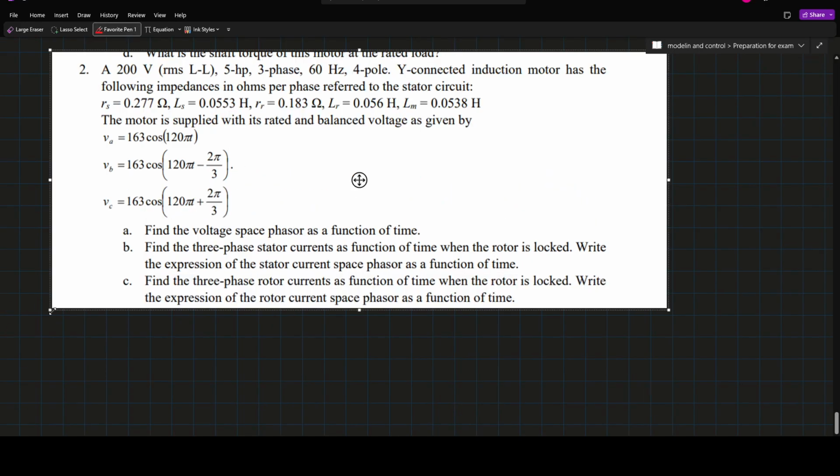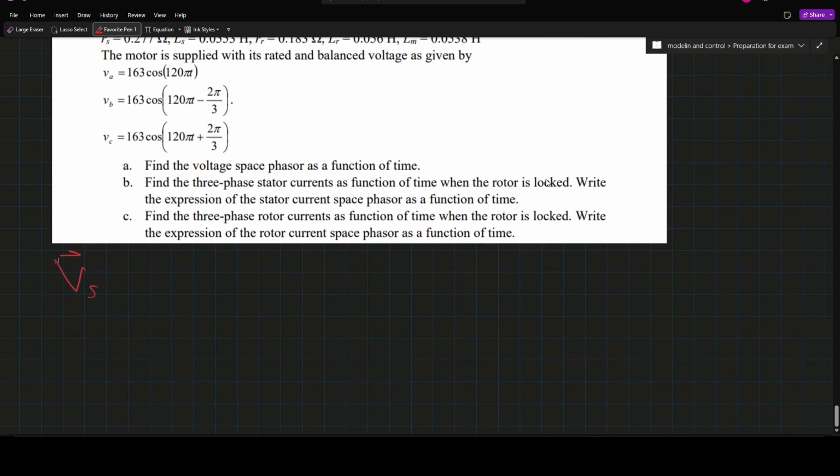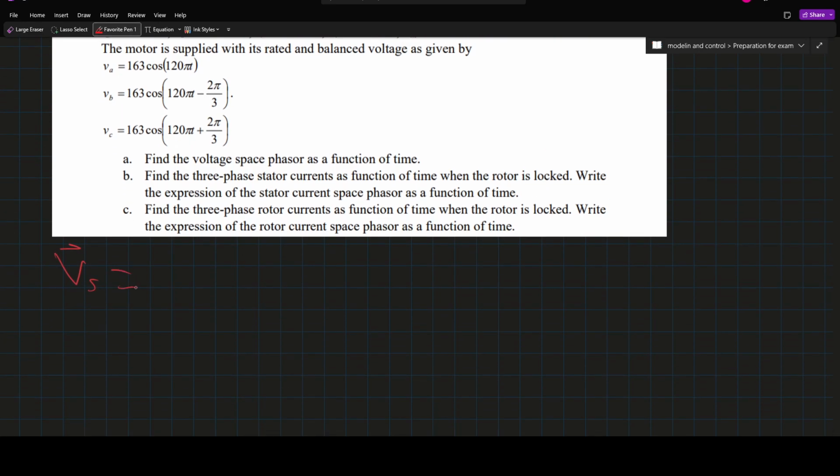So by now we know that the phasor in alpha beta is going to be equal to 3 halves Vm cos omega t minus j sine omega t.